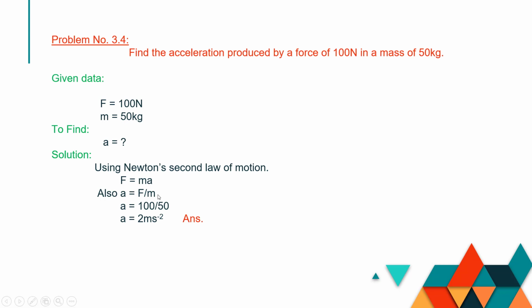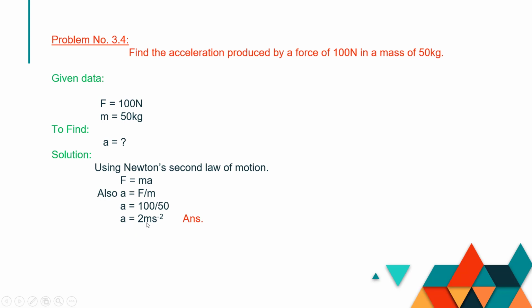By putting the values of the given factors, we get acceleration which is equal to 100, which is the value of force, divided by 50, which is the value of mass. So by dividing 100 by 50, we get 2 meter per second square.